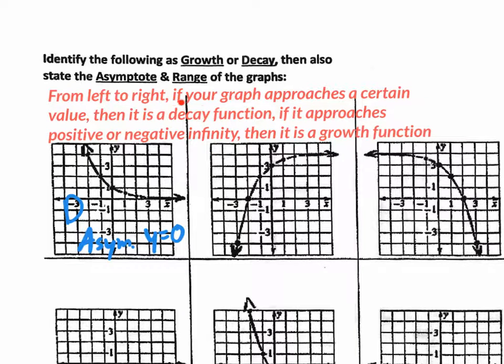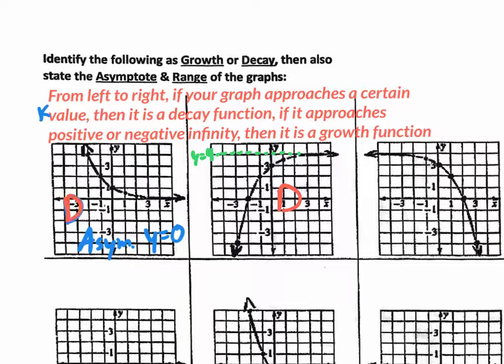And from left to right, if your graph approaches a certain value, the asymptote value, the k value, then it's a decay. It decays to the value of 4. So this is your asymptote, which is y equals 4. You need to write that down. And this graph decays from left to right. It actually decays to that value of 4. So this is a decay as well.